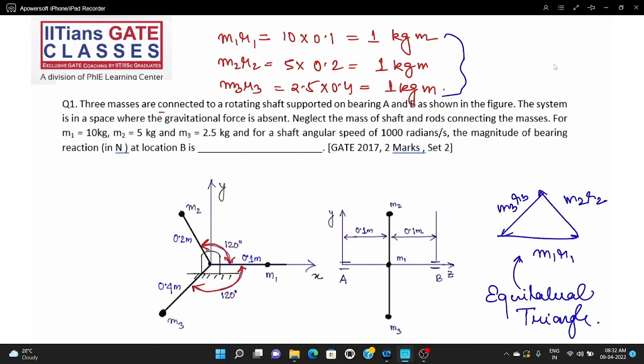If it is an equilateral triangle, the summation of force is 0. So what does it mean? The system of rotating masses is already in static balance, because the summation of all the forces is equal to 0. So the magnitude of bearing reaction will be 0.